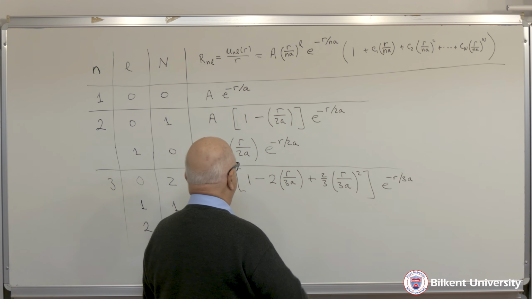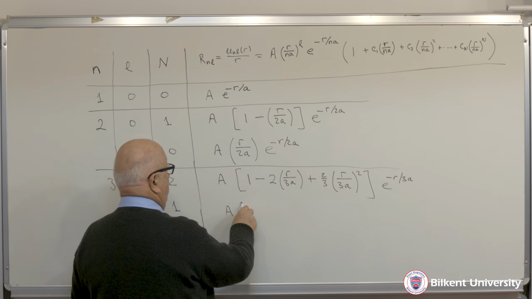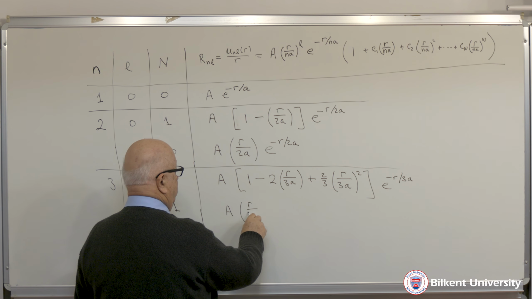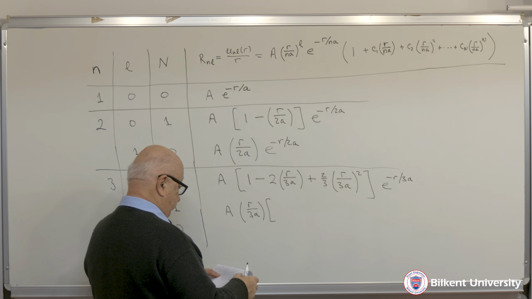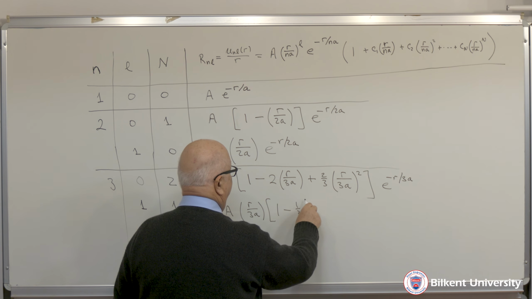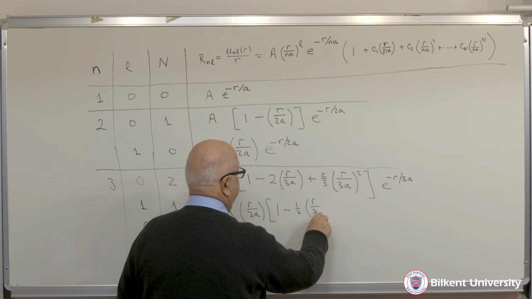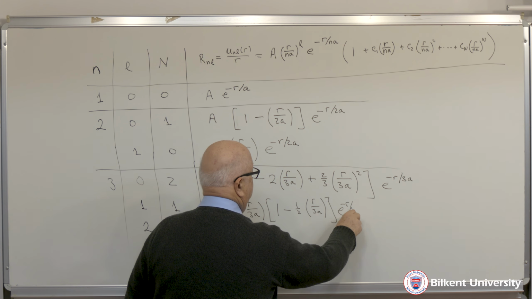So it extends even further. For L equal to 1, we have r over 3a to the first power, and then a polynomial which goes to first order, which will be 1 minus 1/2 r over 3a. The exponential is the same, e to the minus r over 3a.